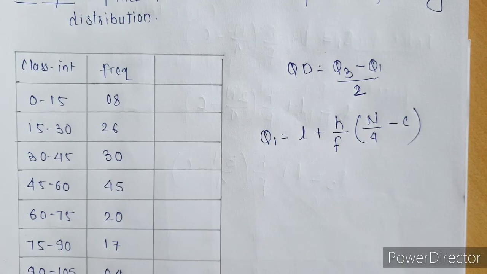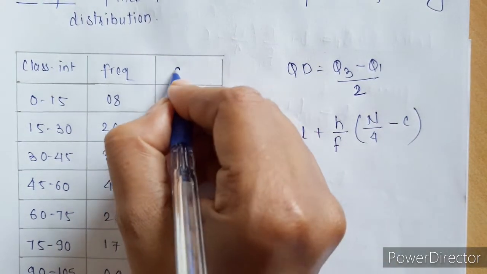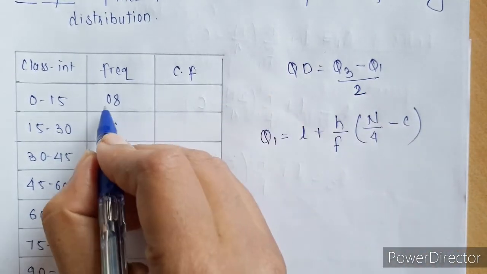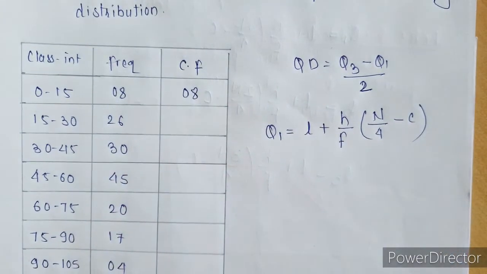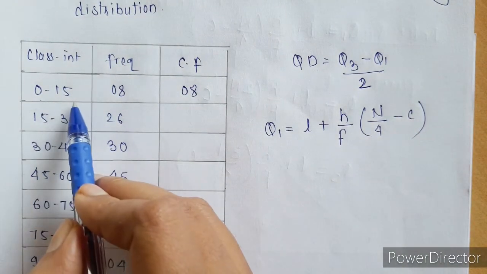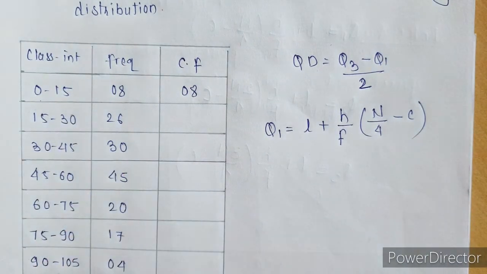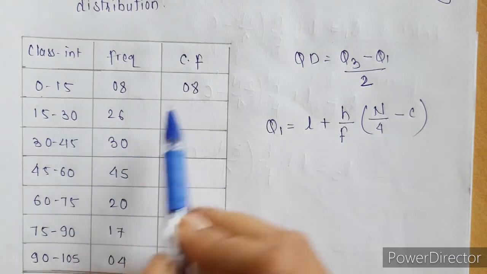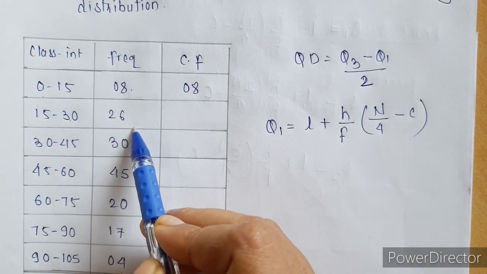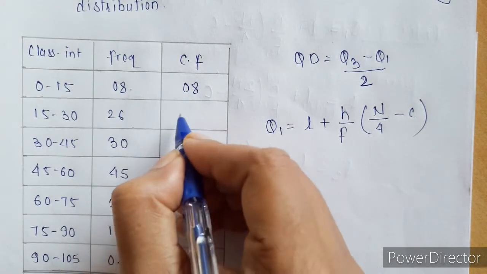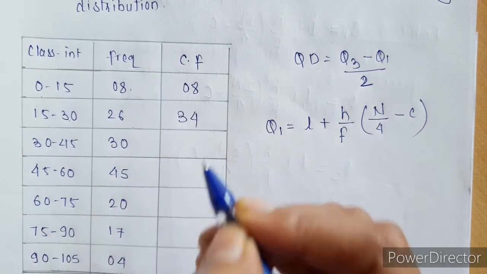The first thing we need to find is the quartile class. For that we need to know the cumulative frequency. So let's start with cumulative frequency. This 8 is going to be as it is because we have only 8 people from the range 0 till 15. Next, from 0 till 30 we have 8 plus 26, which is 34.